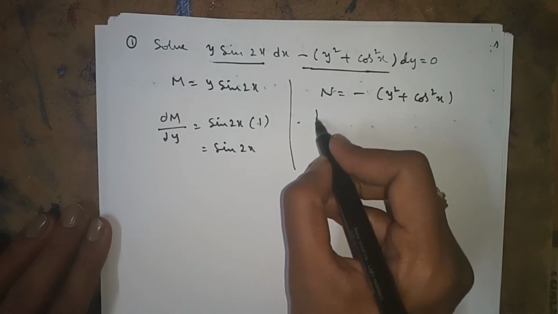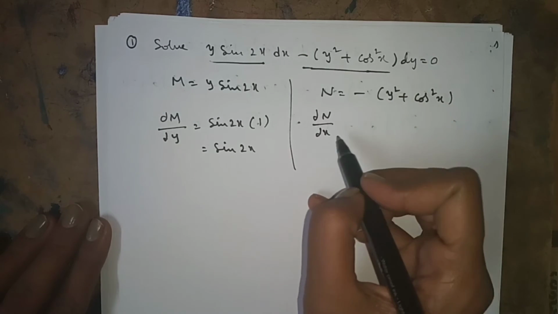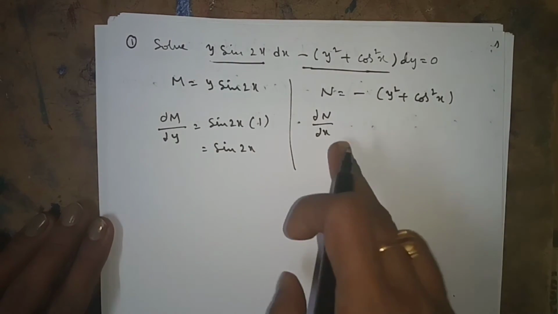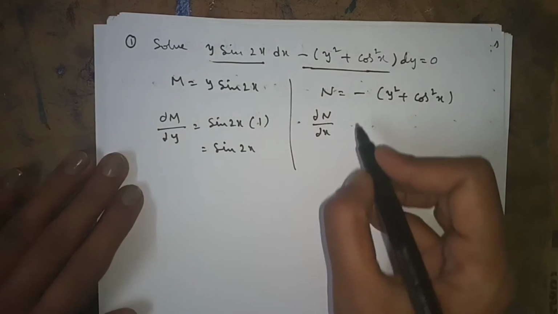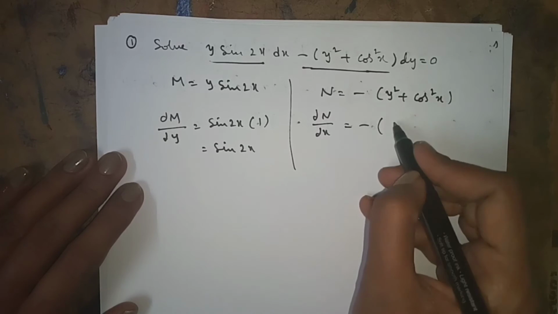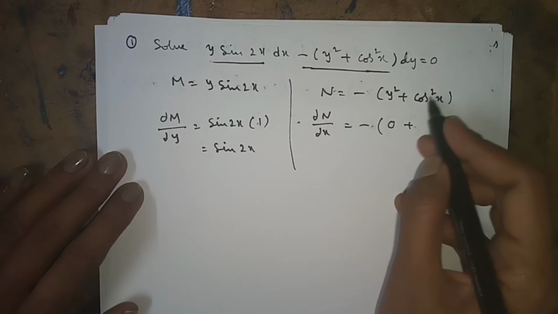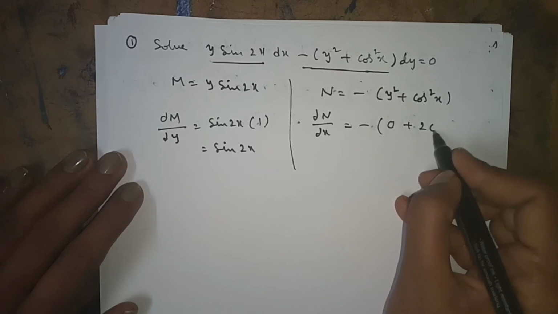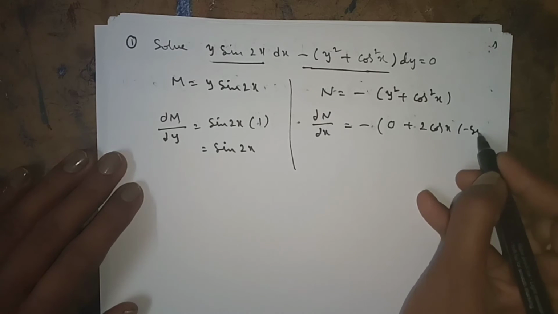Now ∂N/∂x. I am differentiating N partially with respect to x. While differentiating partially with respect to x, you have to differentiate x terms only. Any y terms occur, treat as constants. A constant, minus of constant, derivative is 0. Now plus cos 2x, differentiation of cos square x is 2 cos x into derivative of cos x, which is minus sin x.